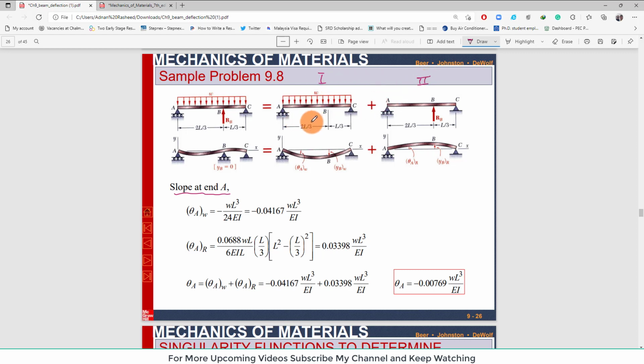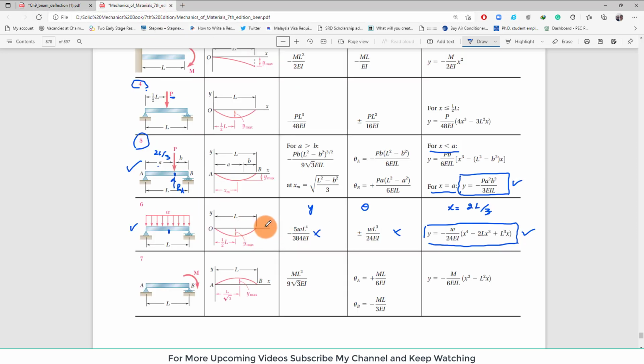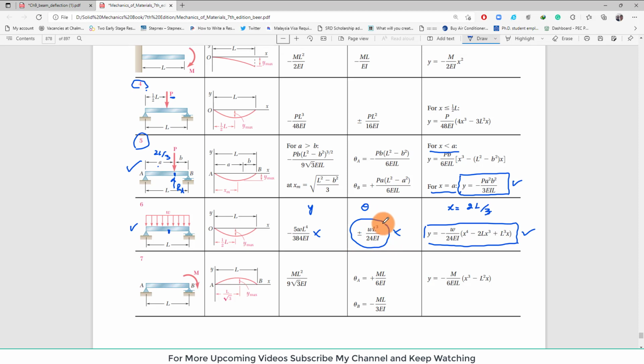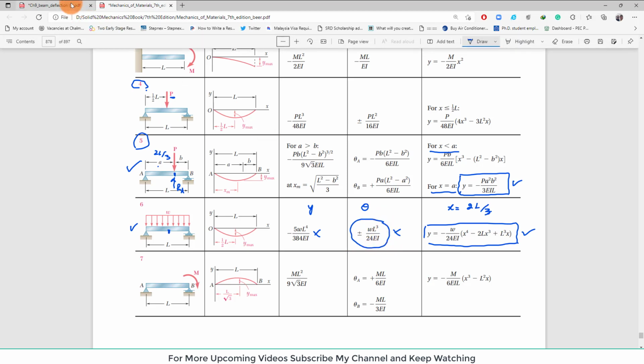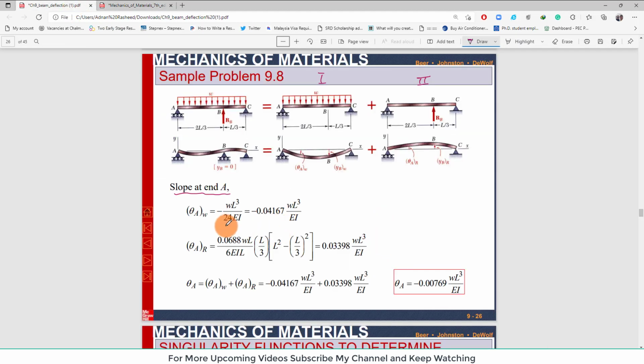Clear? So we will go to the appendix of this table. So you can see this is the slope. Clear? So here you can see the slope value is plus minus WL cube over 24 EI. So that is negative, because at this point the slope is downward.